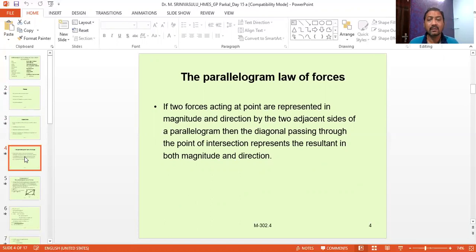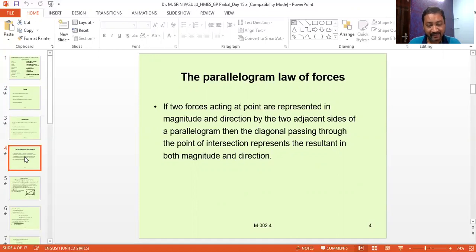Now this is the parallelogram law of forces. It is a very important law, and it gives the equation to find the resultant of a force when two forces are acting simultaneously at a point. That means two concurrent forces are acting in different directions.